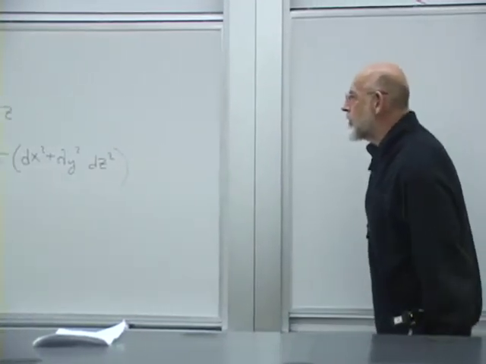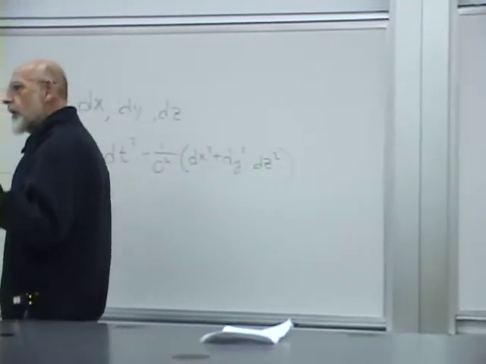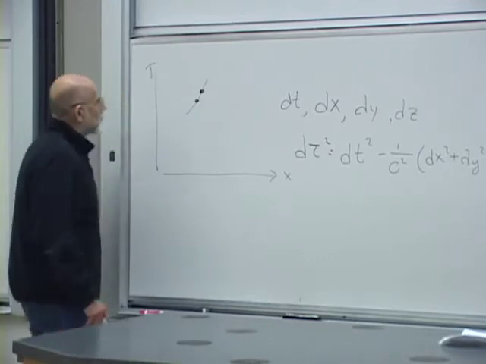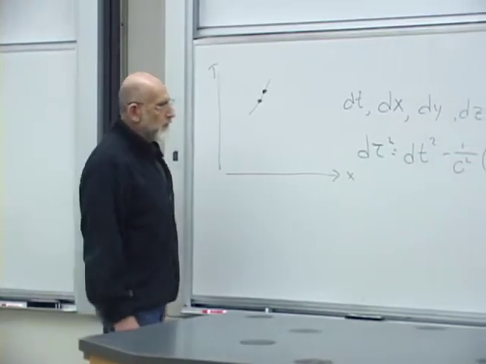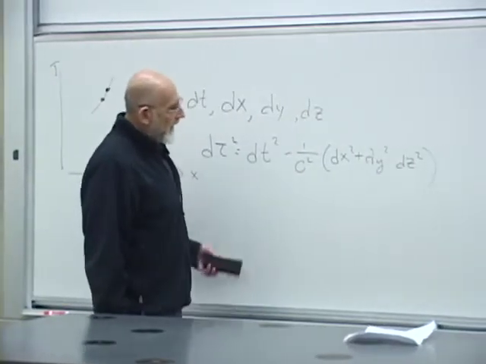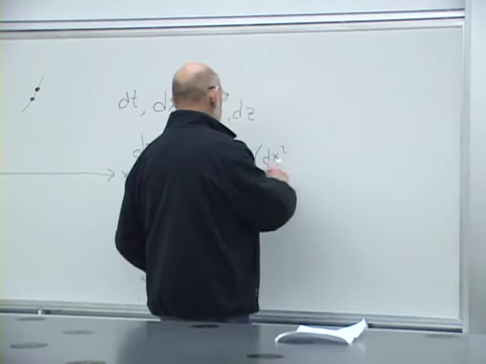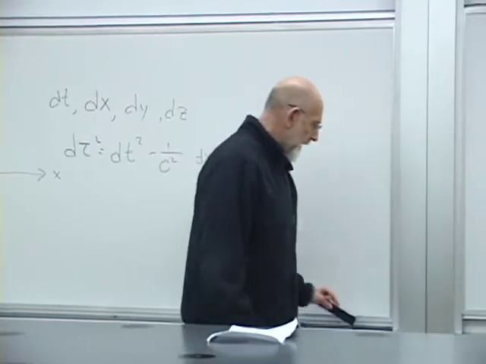The most important thing for us tonight is how light rays move. How do light rays move? Let's suppose a light ray passes through those 2 points. Then the rule for a light wave, let's forget the dy squared and dz squared for a moment. Let's just take the dx squared here. So the light ray is moving along the x-axis.